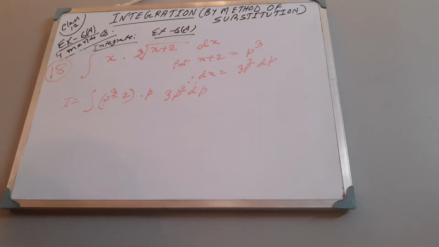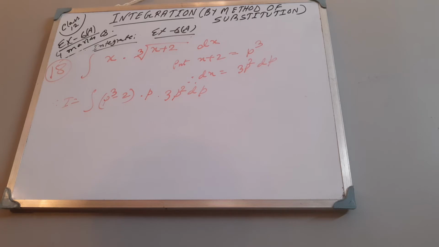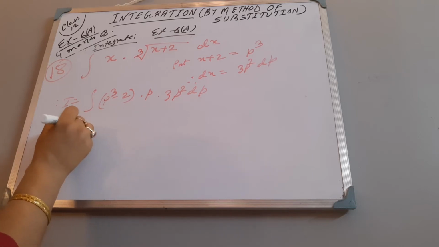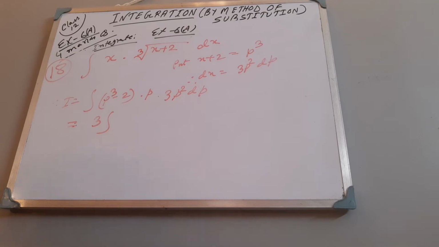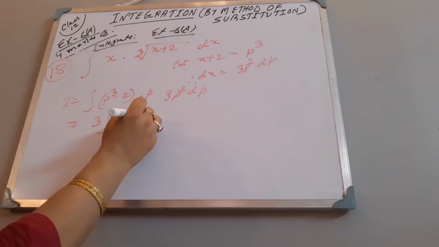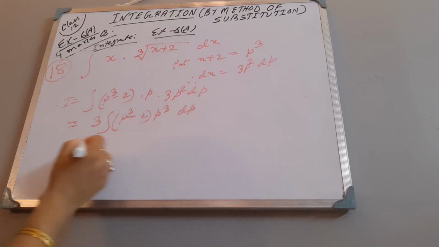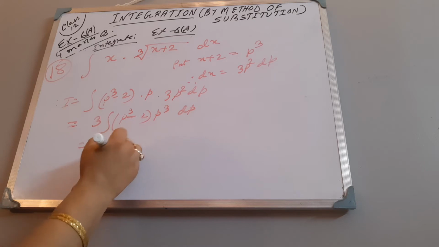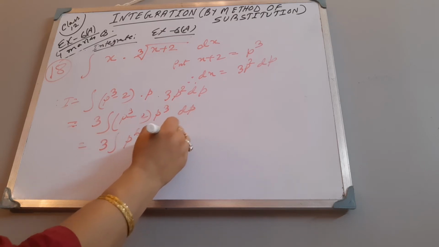Understood? Now one by one, this 3 we take outside the integral, and this is coming p cube minus 2 into p square dp, wait, p cube minus 2 into p cube dp. Just do the multiplication. This is coming p to the power 6 minus 2p cube.